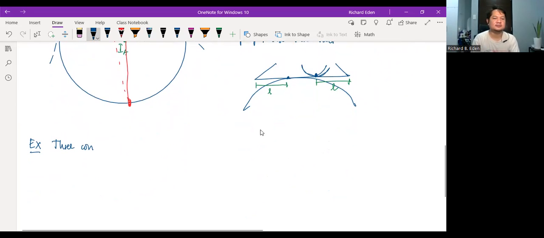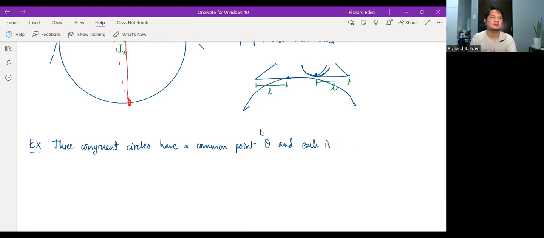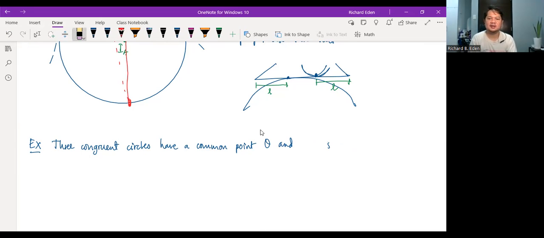Next. Three congruent circles have a common point O and each lies inside a triangle.